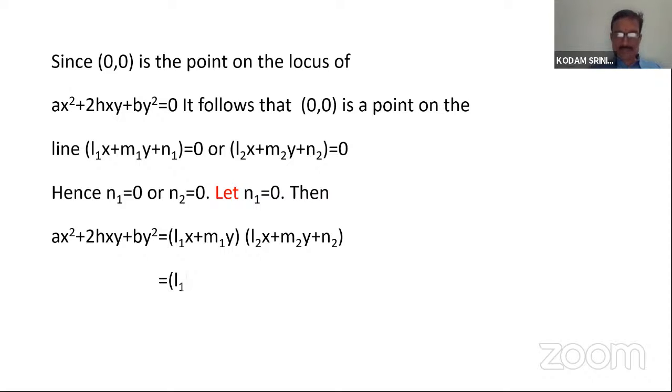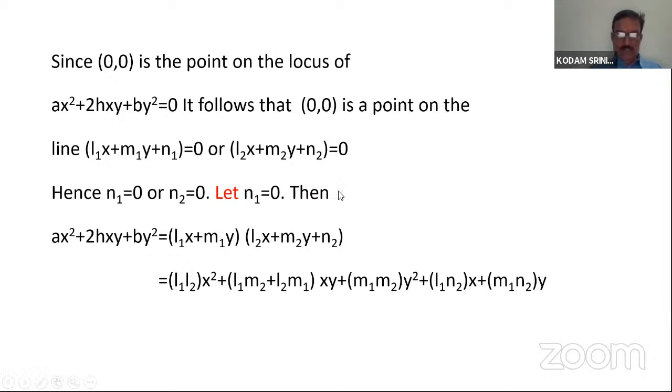Then here, ax square plus 2hxy plus by square equals L1x plus M1y into L2x plus M2y plus N2. We will have L1x into L2x, L1 L2 x square, L1x into M2y, L1 M2 xy, and M1y into L2x, that is L2 M1 xy.